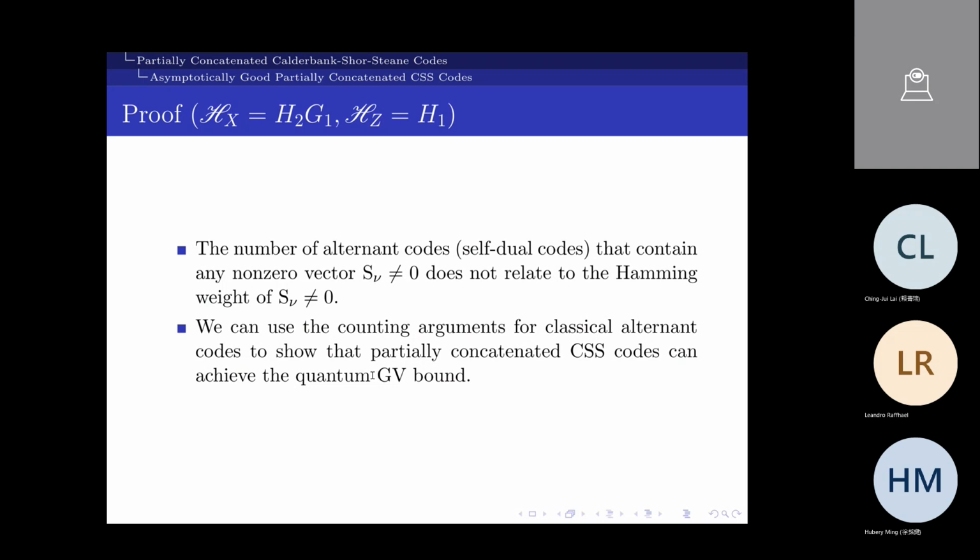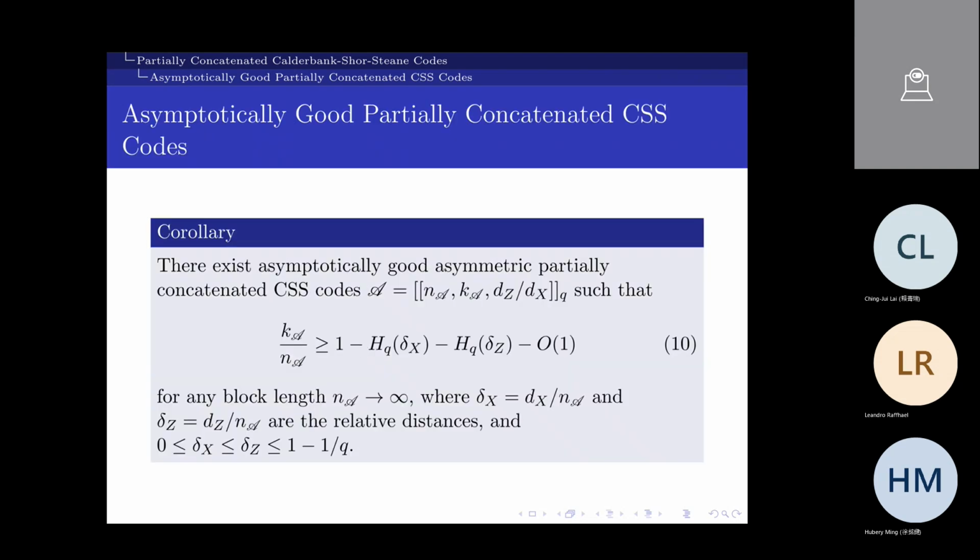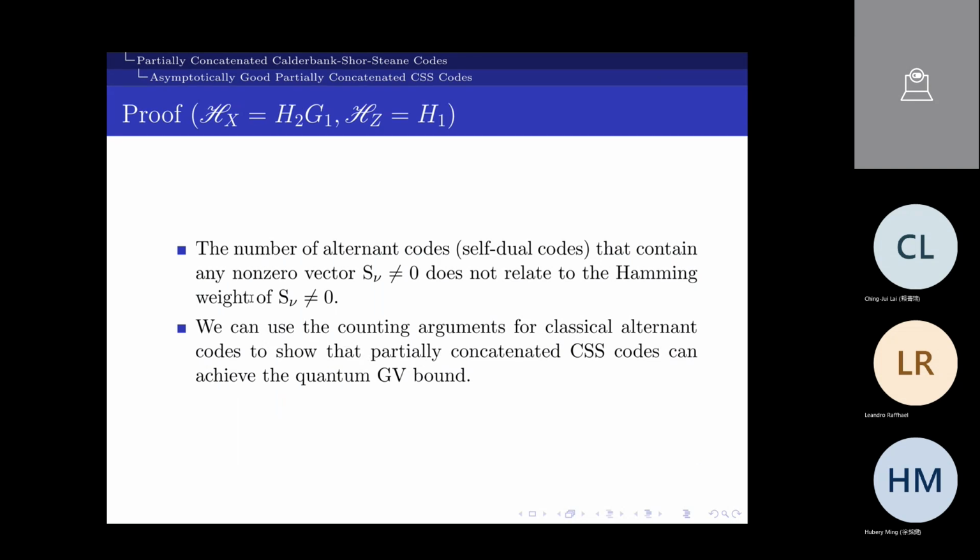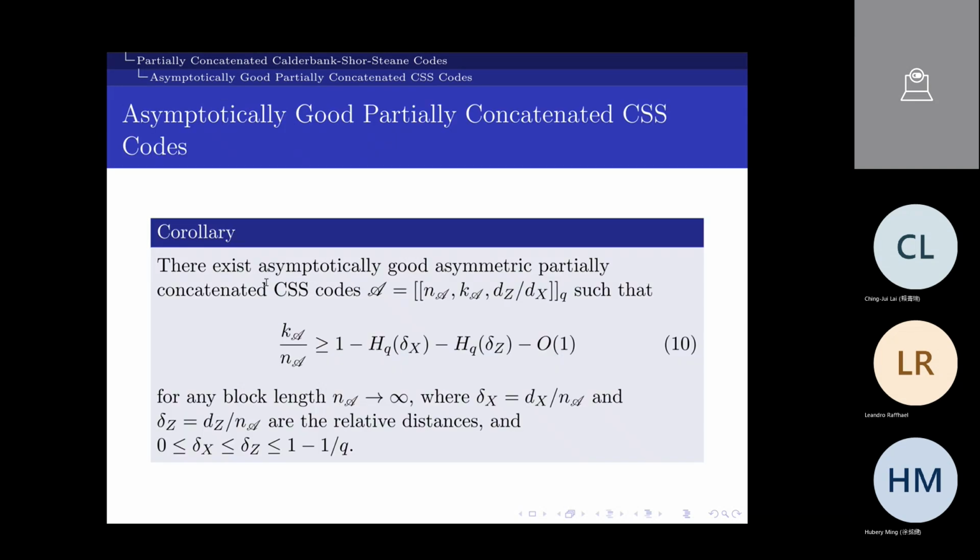The following are some very classical methods used to prove that classical linear codes achieve the classical GV bound, and we use them to prove our result. Yes, this is the outline of the proof.